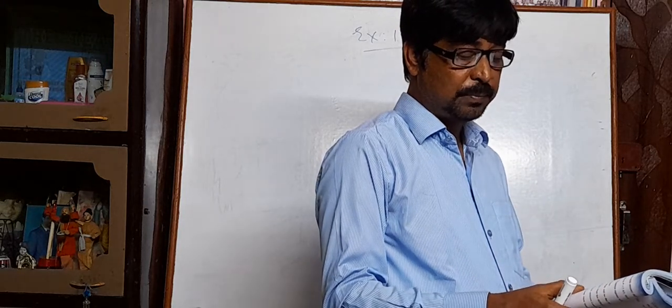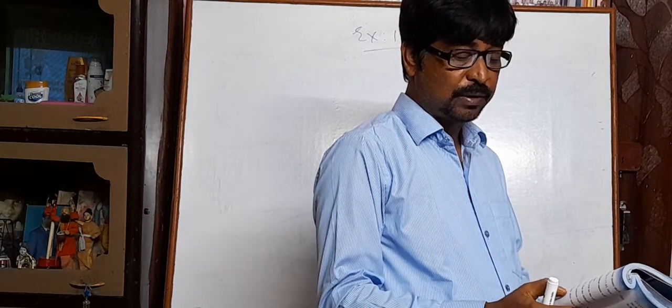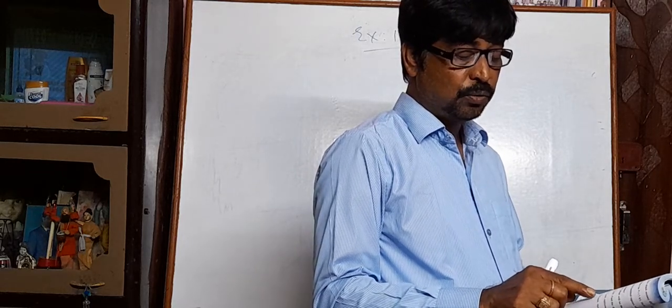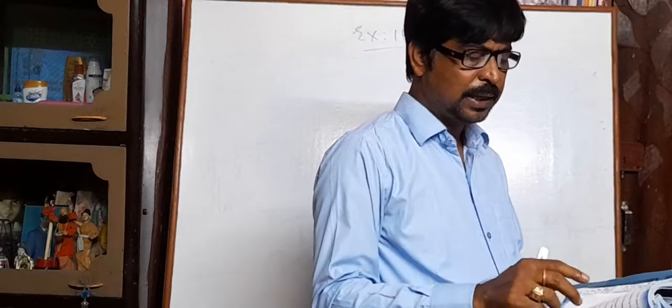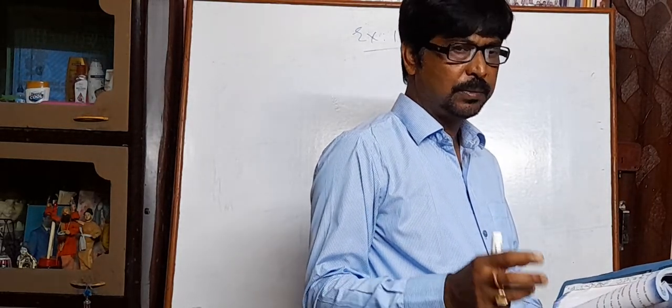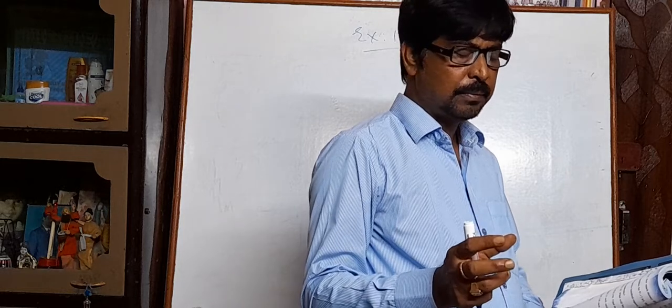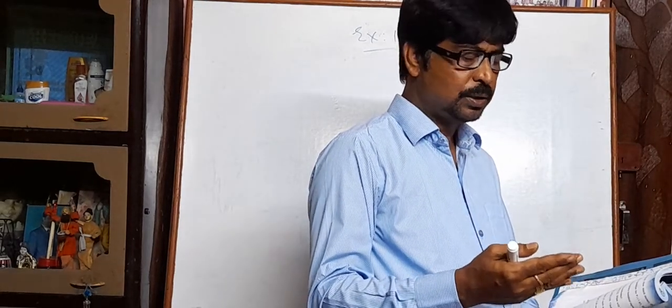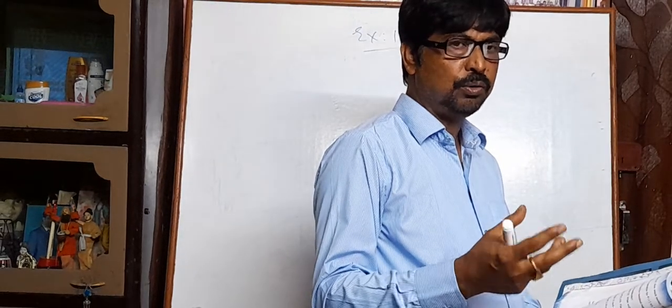And the cost of one pencil is rupees 4.50, so the cost of 12 pencils will be 4.50 into 12. Then the total cost will be added together. Subtract the sum from 200 rupees, because he has given a 200 rupee note.